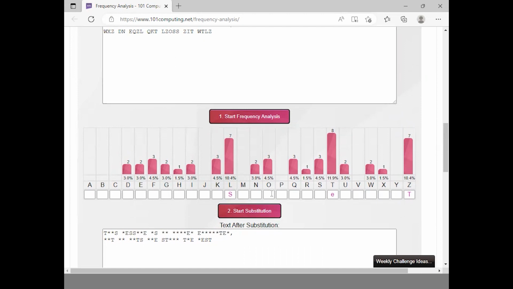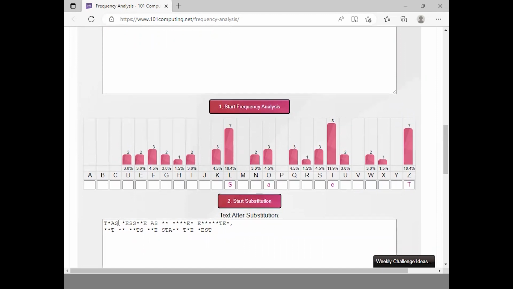However, if we note that O maps to A, if we try that substitution, we end up with this somewhat peculiar word here. There's actually only one possible decryption of this word as it stands, and that's the word tease. However, we've already mapped an E somewhere, so we know that that can't be the case. We know that O doesn't map to A.